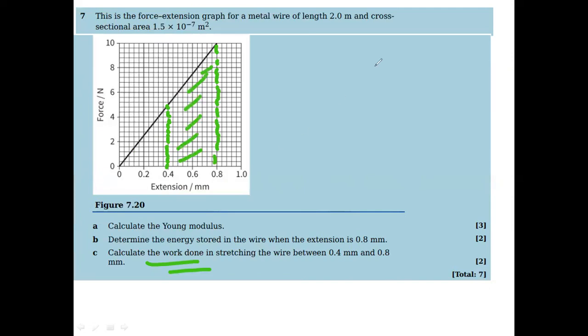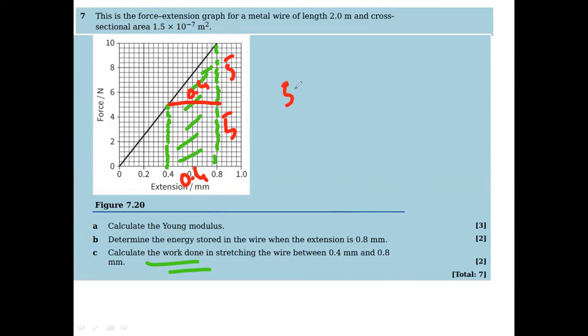We can calculate this area by separating it into two parts, the area of a rectangle and the area of a triangle. Let's say here is almost 5. So 5 times 0.4. And this area is going to be 5 times 0.4 divided by 2.